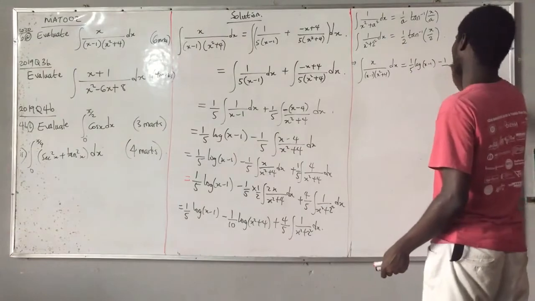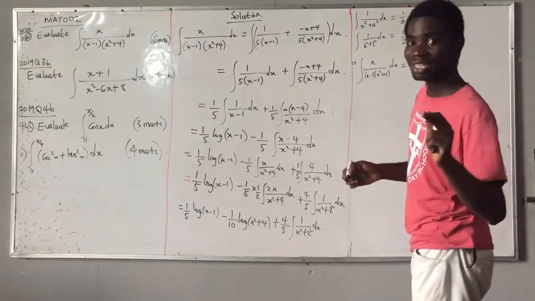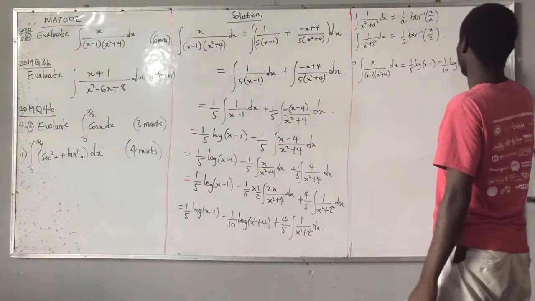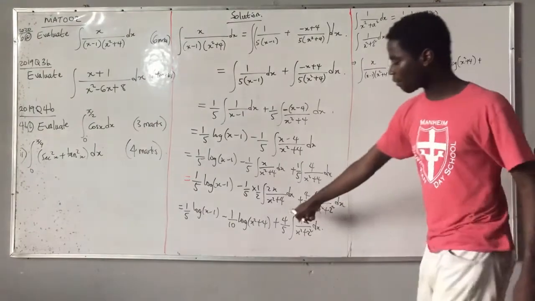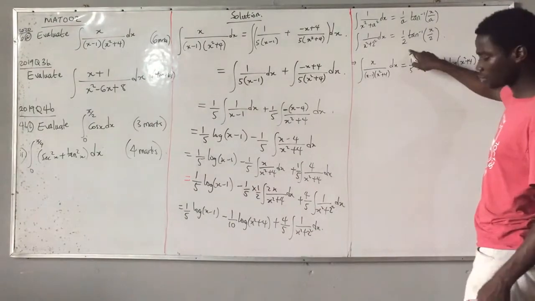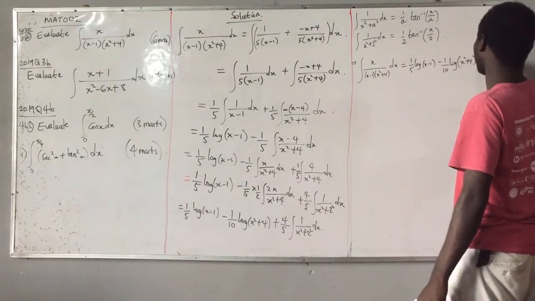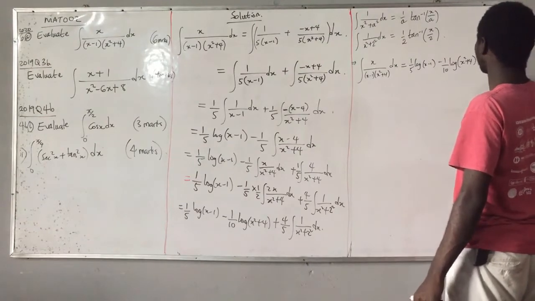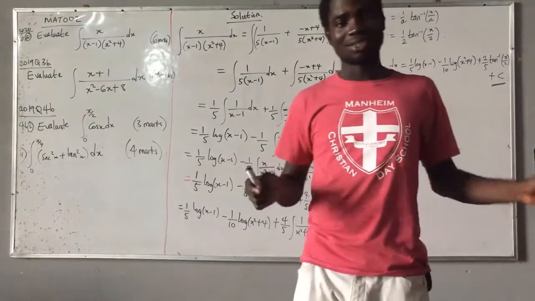Then minus 1 over 10 ln, the base is e, ln or log to base e, of x squared plus 4, then plus, you know, I have 4 over 5. 4 over 5 times 1 over 2 will give me 2 over 5. So this one will give me plus 2 over 5 arctan of x over 2. Don't forget the last thing, the constant. I am done integrating that.